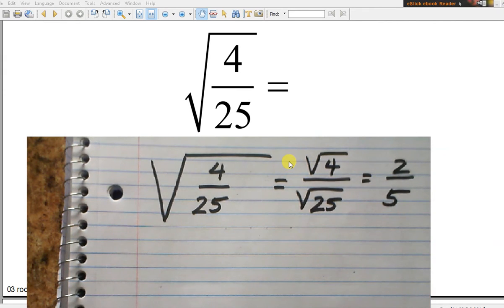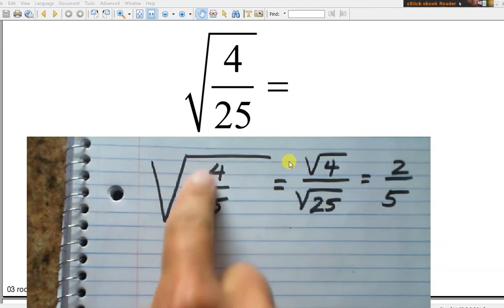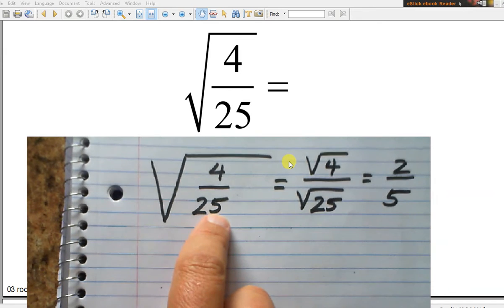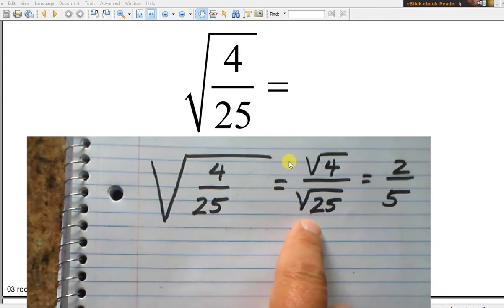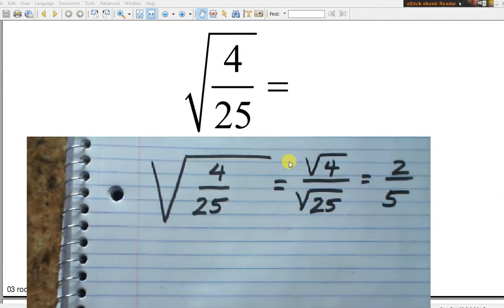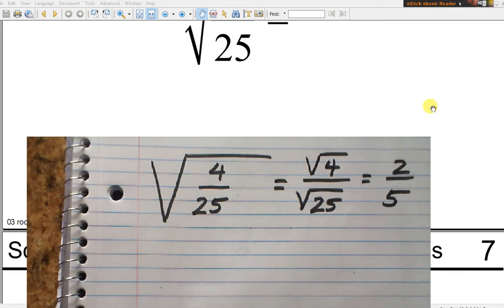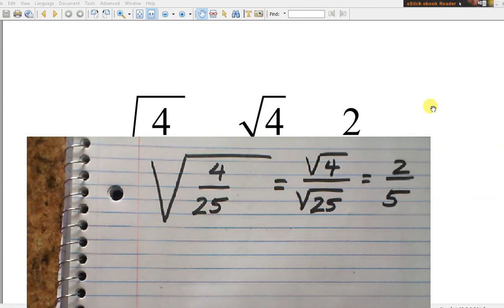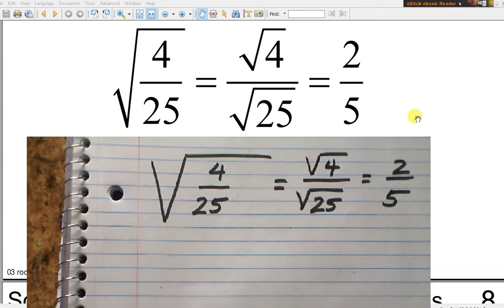Yep, that is how you do it. Now, if I could simplify this fraction, I would probably simplify it before I do the square roots. But in this case, I can't simplify it. That's what I just taught you. We're looking good.